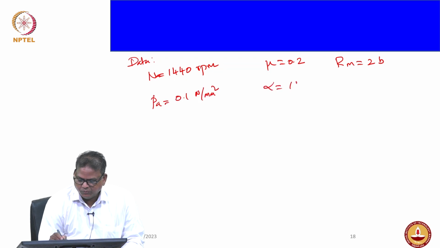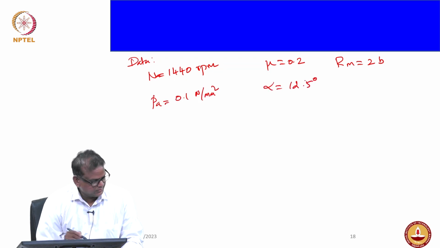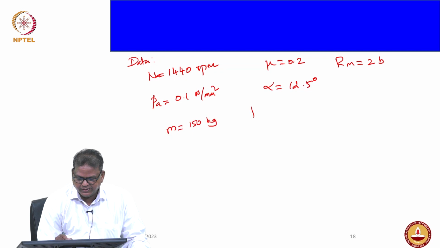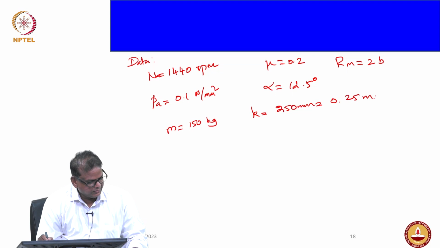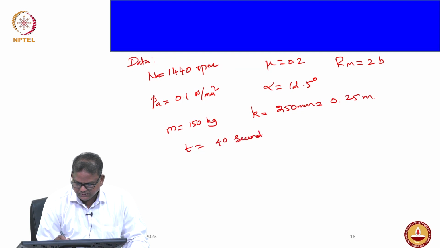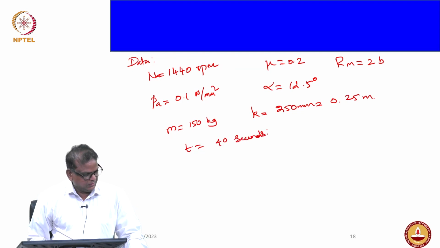Alpha is given as 12.5 degree. This is clearly given. Then they are talking about the mass, 150 kg. Then the radius of gyration K is given as 250 mm, or 0.25 meter. And time T is given as 40 second.